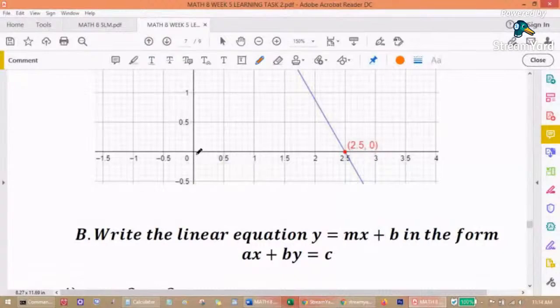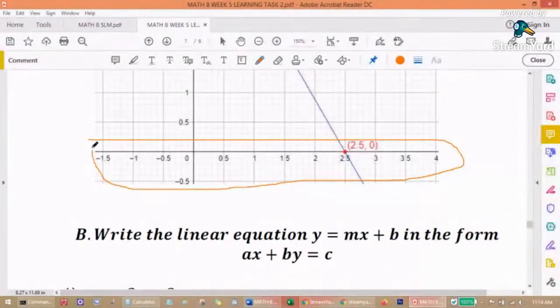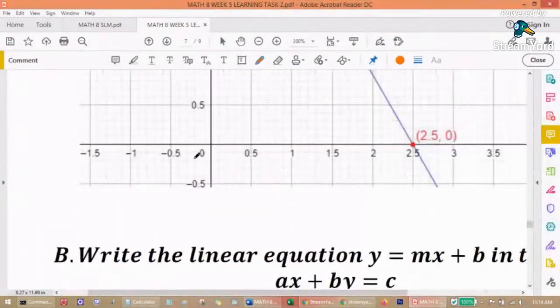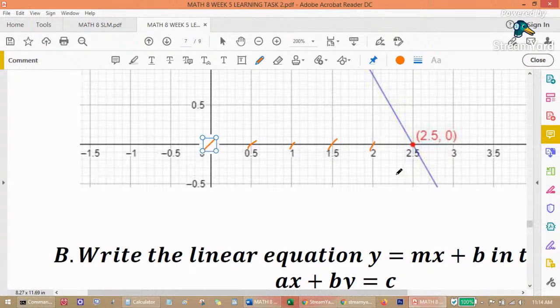So itong graph naman natin is by 0.5. Simula sa 0, 0.5 plus 0.5 is 1, plus 0.5 is 1.5, plus 0.5 is 2, plus 0.5 is 2.5. So, andyan ang 2.5.